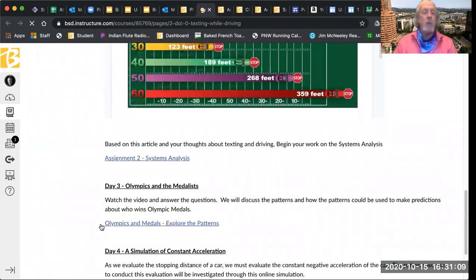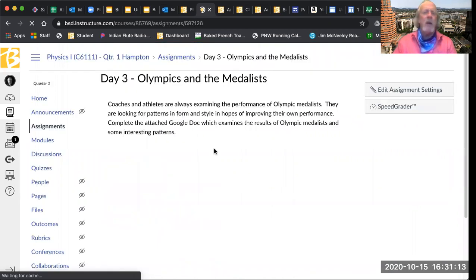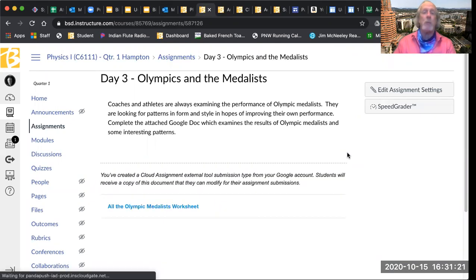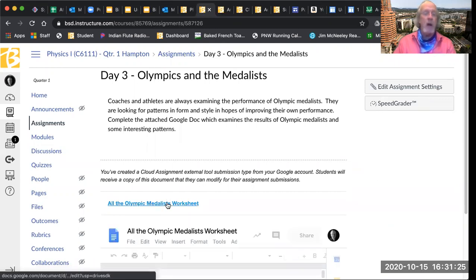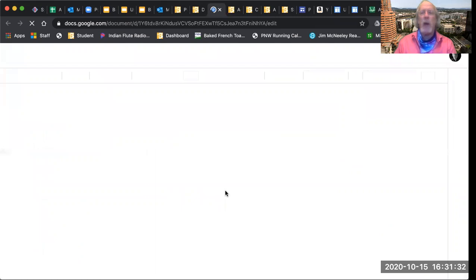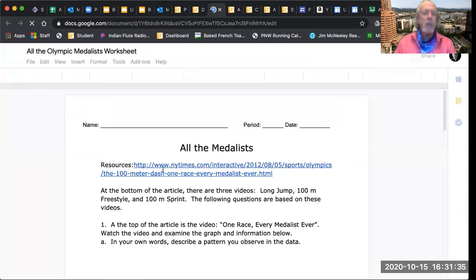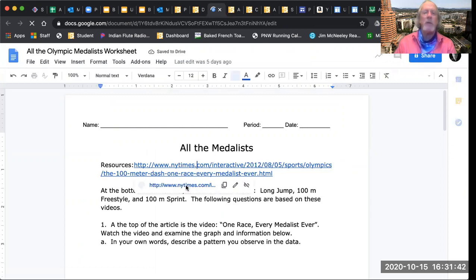The first one of those was the Olympics and medals patterns analysis. Olympic athletes have been improving in most of the major sports over the last 100 years or more. This was an exercise for you to look at how athletes have performed and what those patterns of improvement are. There was this New York Times article that looked at some of the different patterns.